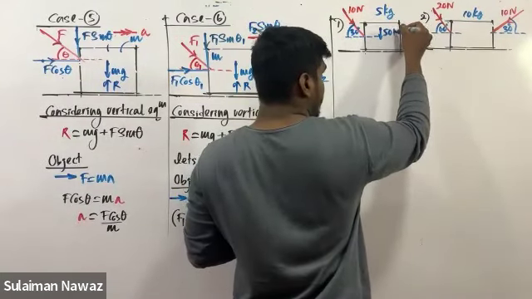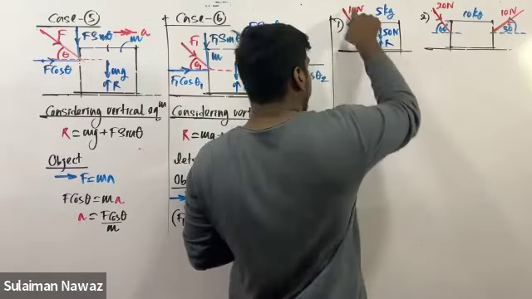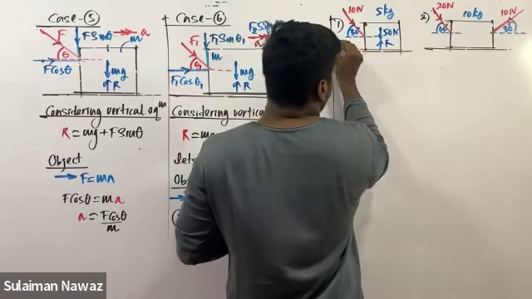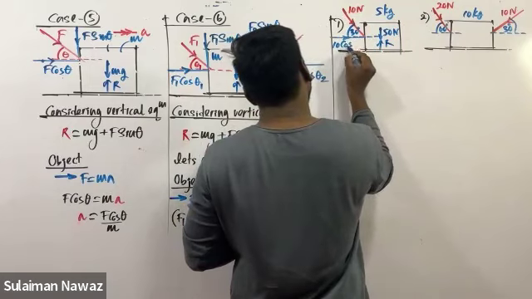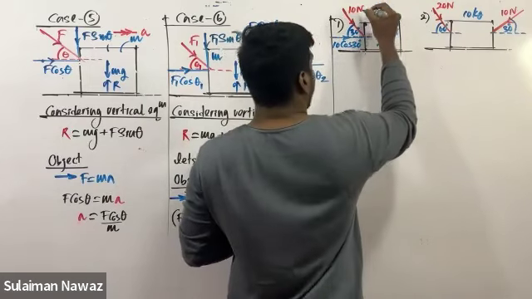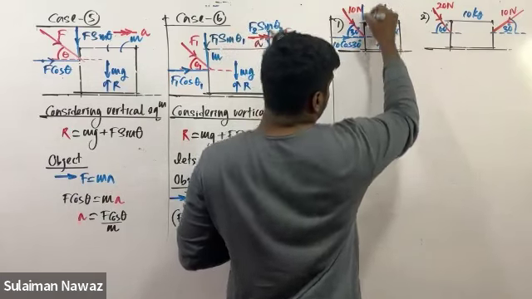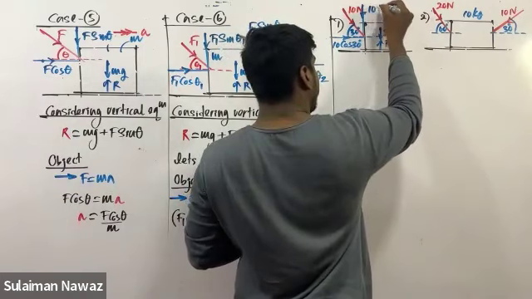The normal reaction force is capital R. Resolve the 10 newtons into two perpendicular components. The horizontal component is 10 cos 30. The vertical component is 10 sin 30.